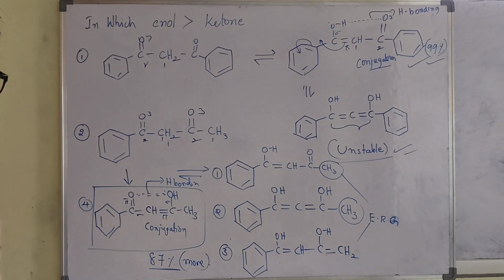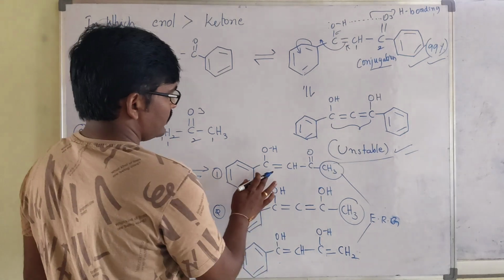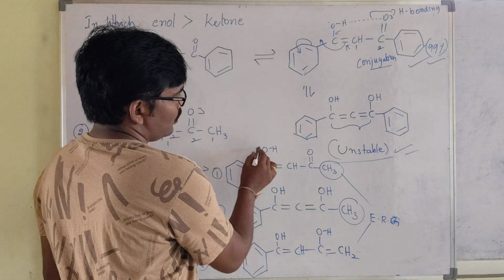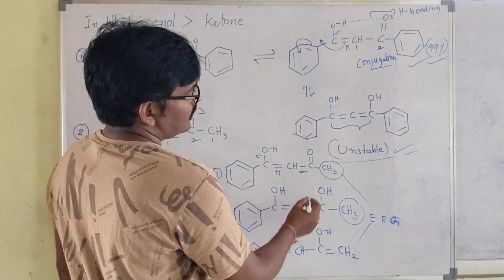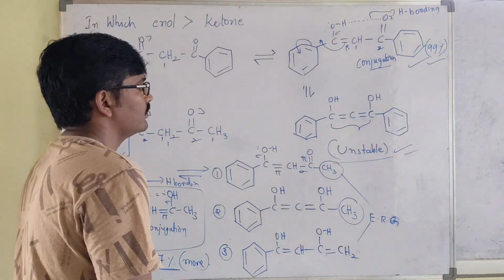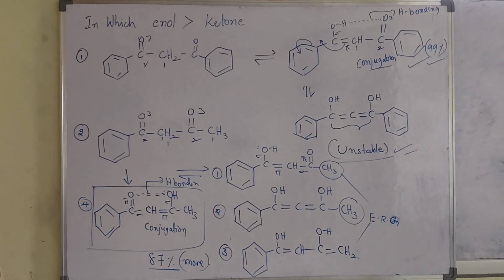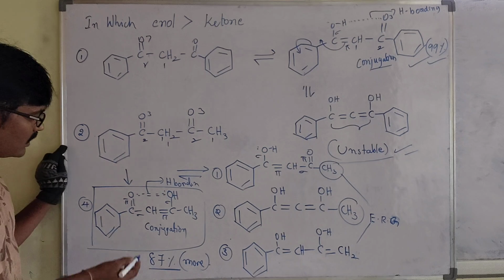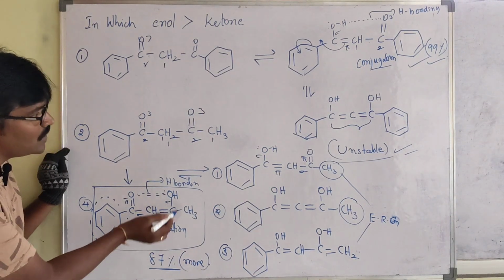Then if you observe one more, this is sigma bond, lone pairs, sigma bond, pi bond, sigma bond, then here sigma bond, then pi bond. Sir, conjugation is there, hydrogen bonding is there. Sir, here conjugation is there, hydrogen bonding is there. Sir, here an electron withdrawing group is attached, which stabilizes the conjugation.